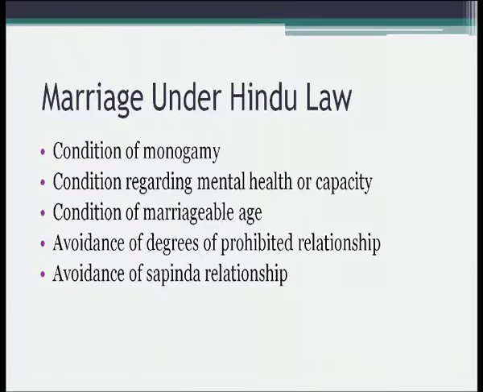Now, the second category is, friends, the conditions regarding mental health or capacity. Both the parties to the marriage must be able to give a valid consent, and not only a valid consent.